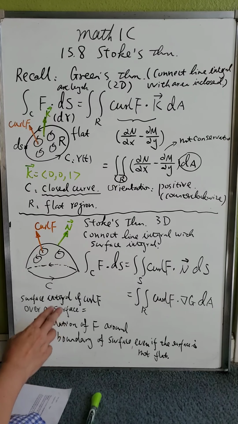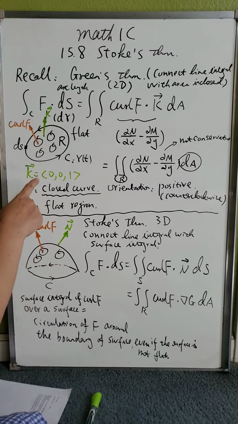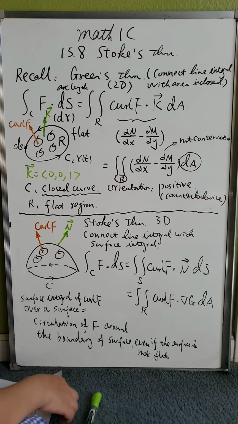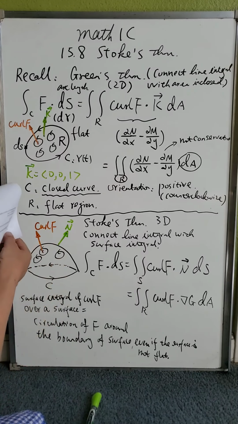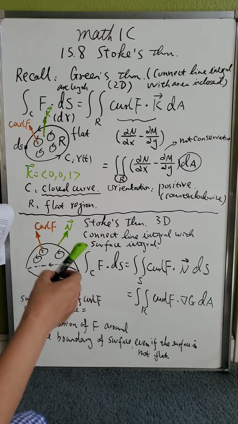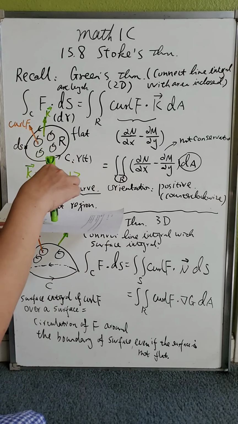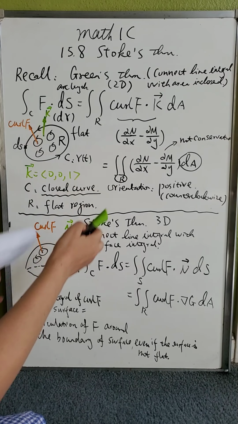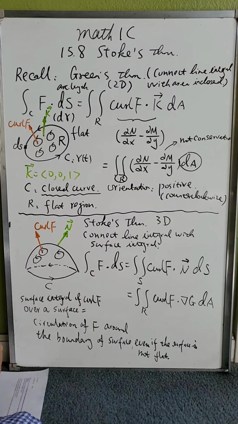So Stokes said, well, all I need to do is change my F, still the same. All I need to do is my K and my N can be different, because when you have 3D, you're not just flat with a K like that, right? When you have 3D, you can be like this. That's your N, okay? So this is perpendicular. So he just changed it.